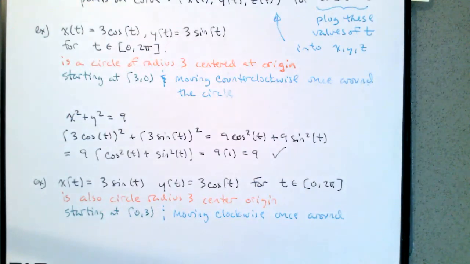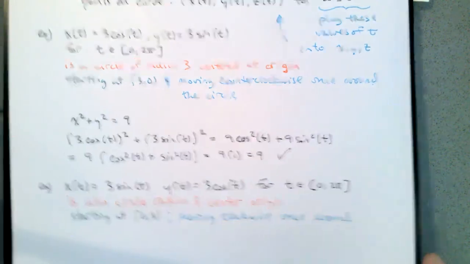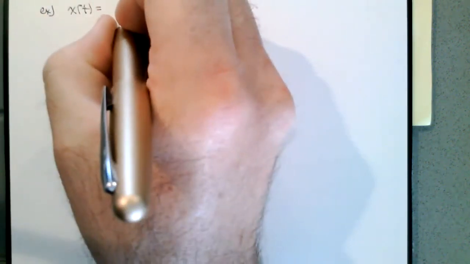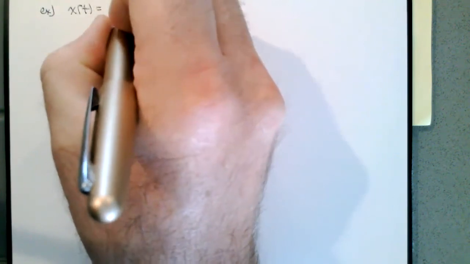What if I change one of those values? So for example, what if I change x of t, instead of 3 sine t, to 4 sine t?